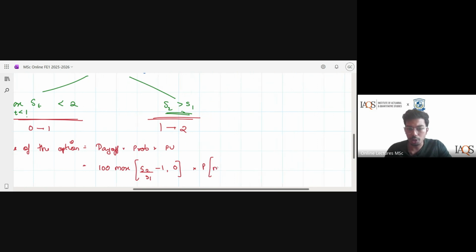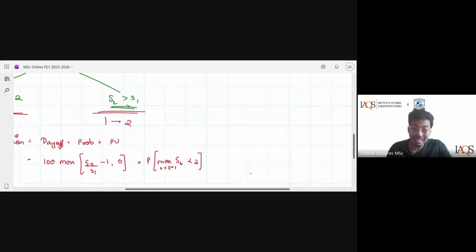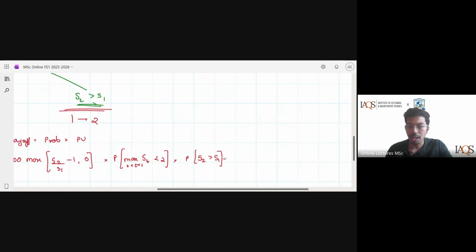Probability that your maximum value of ST, where T is between 0 and 1, is less than 2. And the second probability will be S2 greater than S1. So payoff into probability, and it's a 2-time step. Therefore, e raised to minus 2r becomes your PV factor. R is per annum, T is 2, so e raised to minus 2r.